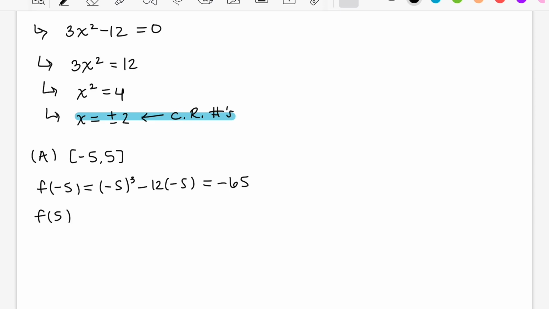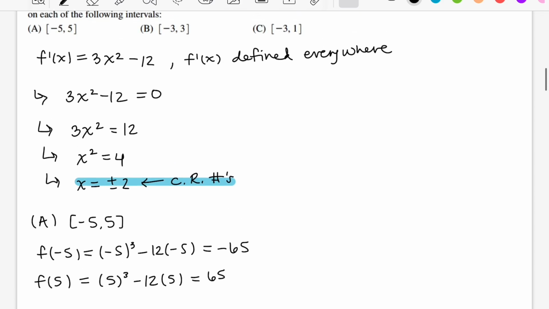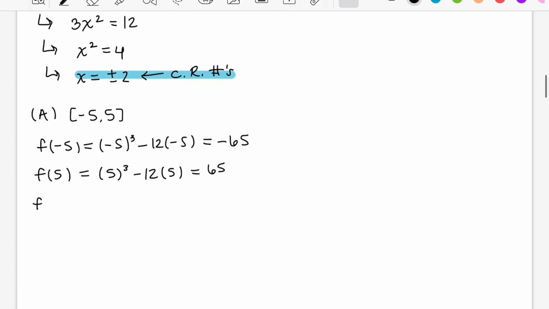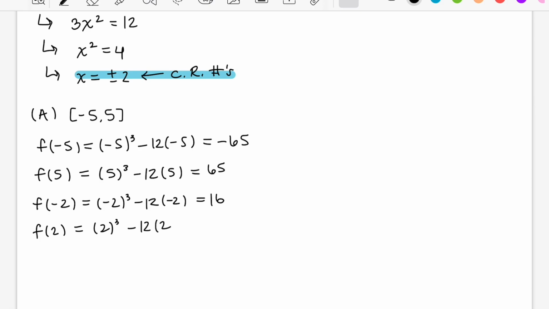Then at our other endpoint, this will be positive 65. And then evaluating our function at the critical numbers, we'll get 16 at negative 2, and then at positive 2, we'll get negative 16.